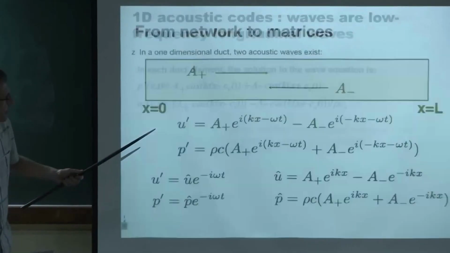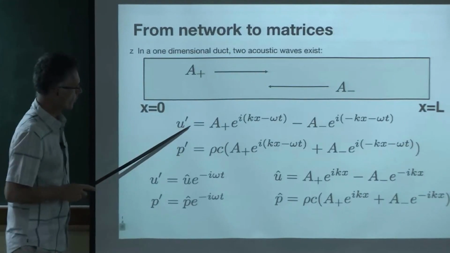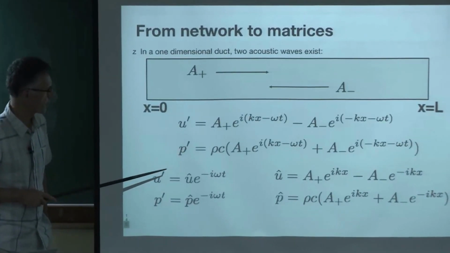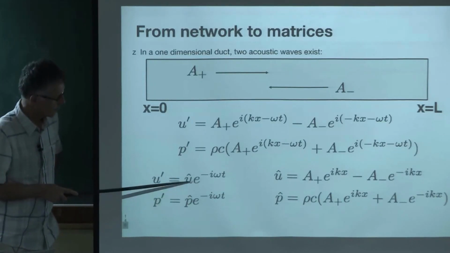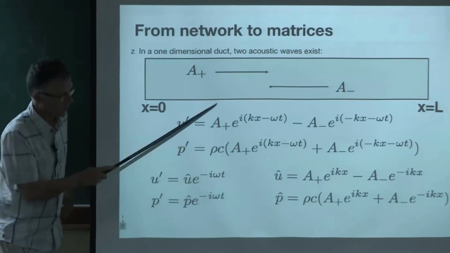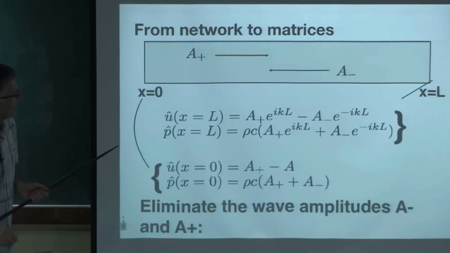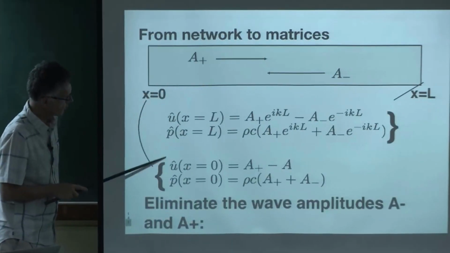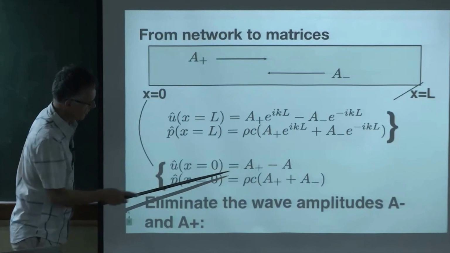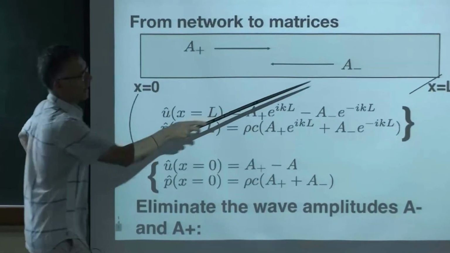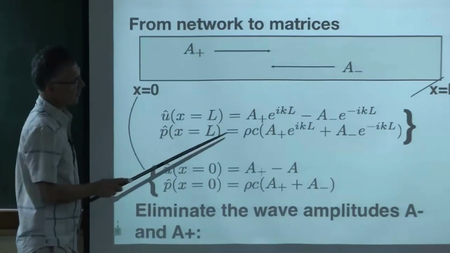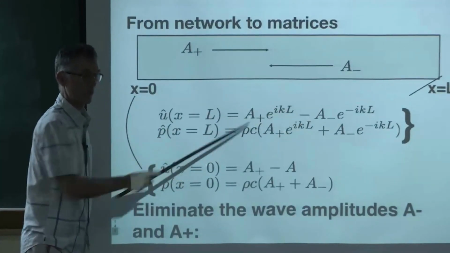You write these two waves, you obtain U prime and P prime, and you can now say that they are harmonic signals with U hat and P hat. You plug it in, and you find that at x equals 0, U is A plus minus A minus, and P is A plus plus A minus. And here, at x equals L, you have the same thing, but now with exponential IKL and exponential minus IKL.